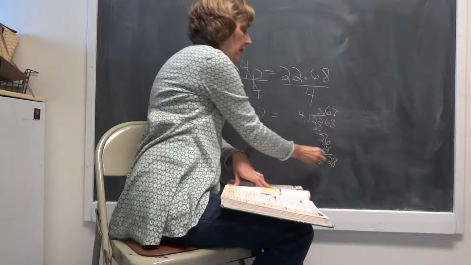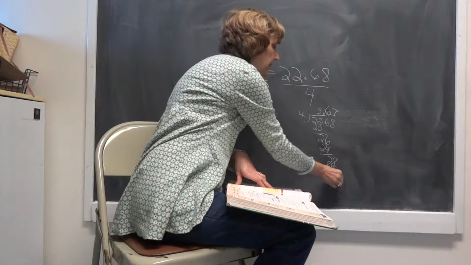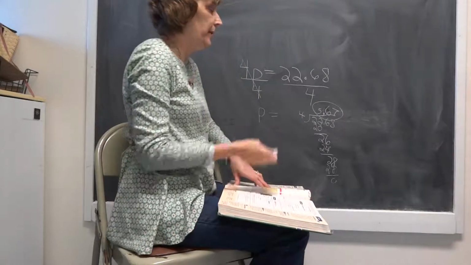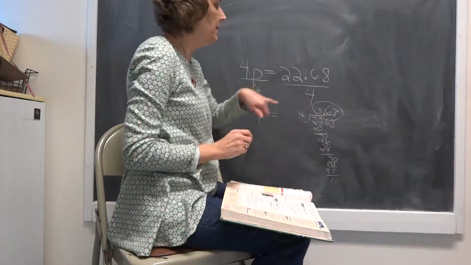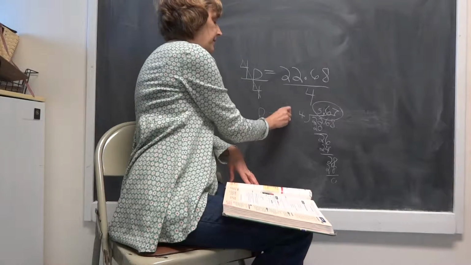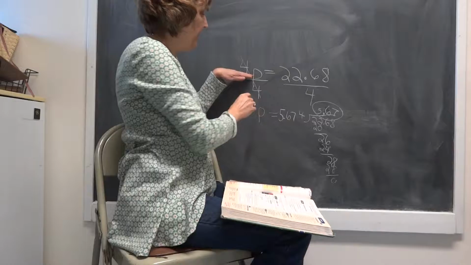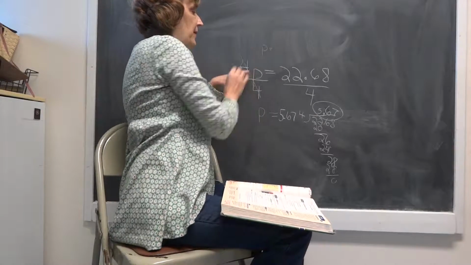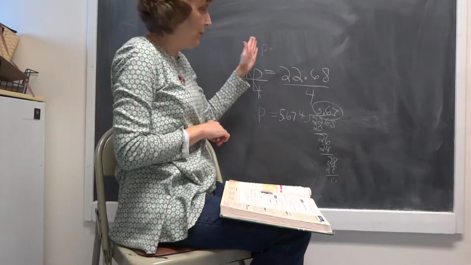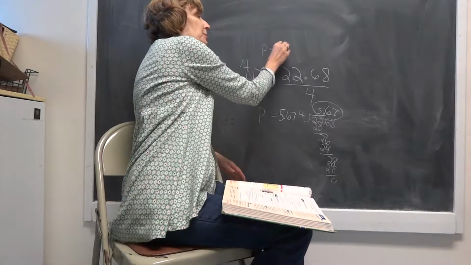So it's going to be $5.67 apiece. So each of you pitch in $5.67, and that means you'll have enough money to pay the bill. So P was the variable, the mystery number, representing the cost per person.